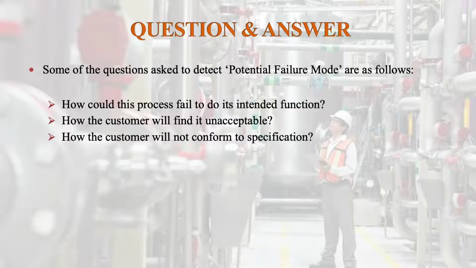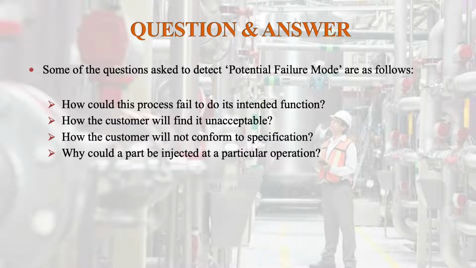So everybody should ask such questions so that he can get some idea from the customers and then incorporate it in the design intent. How will the part not conform to specifications? Why could a part be rejected at a particular operation? These are the various questions one has to ask while performing a failure mode analysis to find out the potential failure modes.